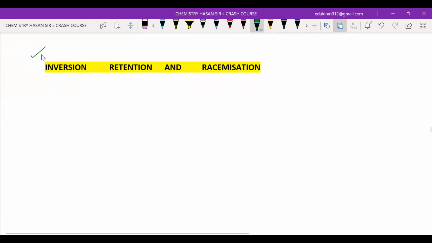I'm going to start inversion, retention, and racemization. This is very easy. First of all, do you know what inversion is? Inversion is basically, see, this is your scenario: C2H5, and this is your chiral carbon, and this is your X or Cl.